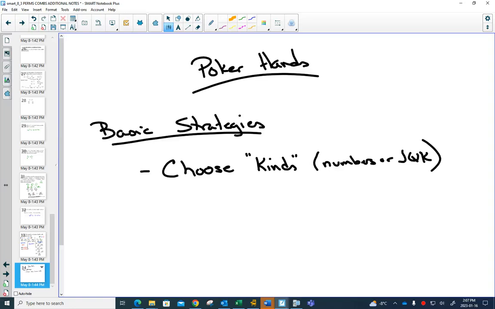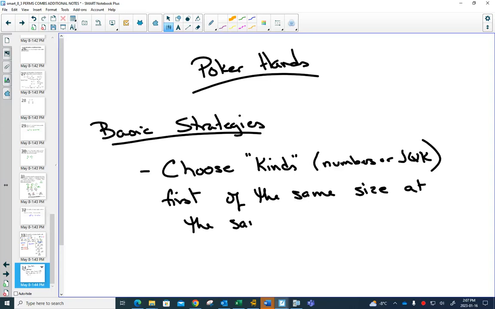We are going to choose kinds of the same size at the same time.